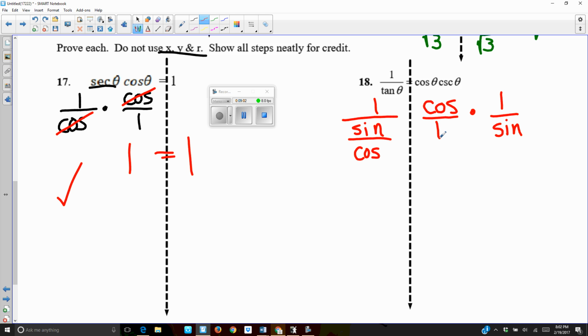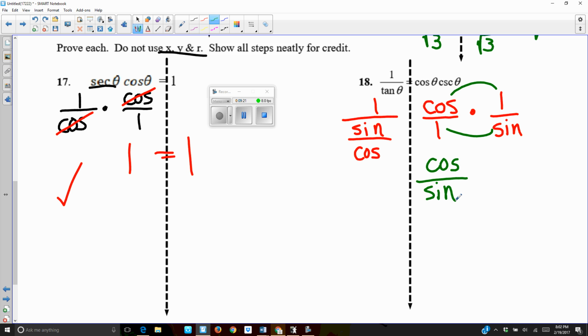I'll put cosine over 1 to make that a little bit easier. And then again, on the right side, multiply fractions. You do not need a common denominator, so we're just going to multiply the tops. Cosine times 1 is cosine. 1 times sine is sine. So that's the right side.